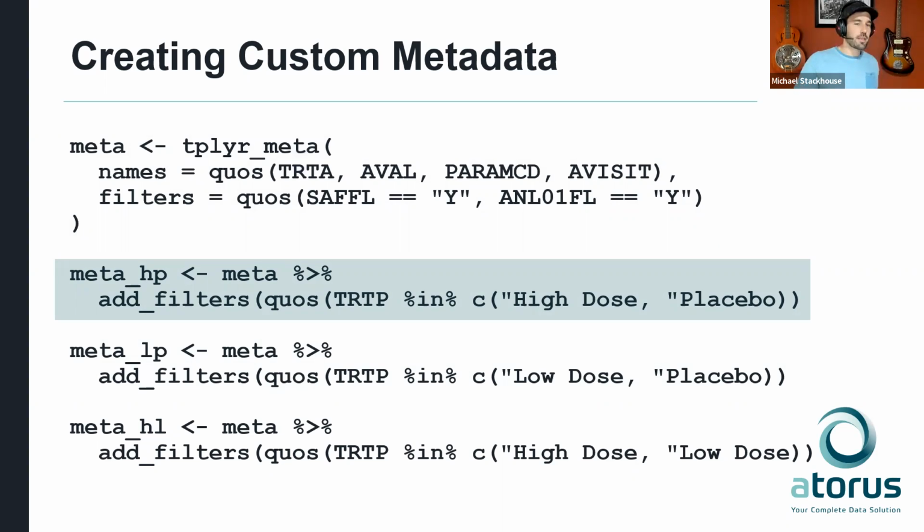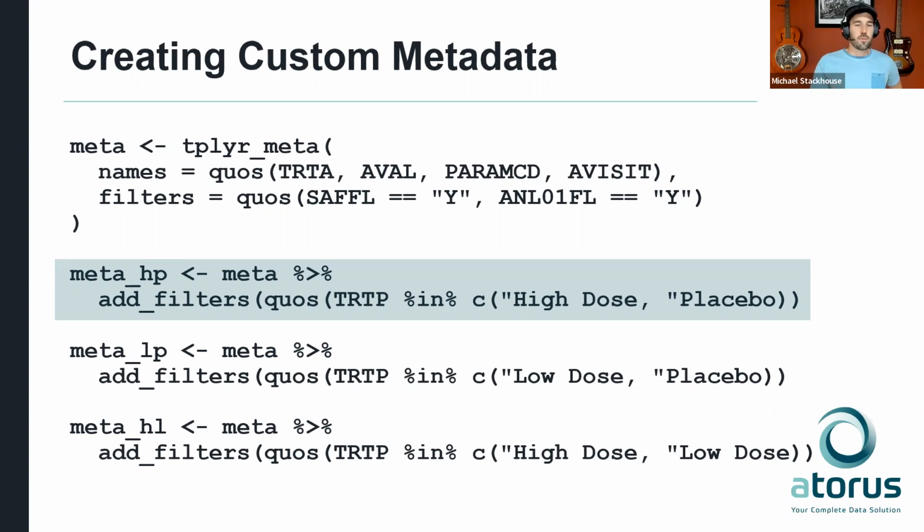And what we're doing here is building up the subsets that are relevant to contrasts when we're comparing different groups. So on the table, we have 3 different contrasts that we want to show. All of the information of TRTA, AVAL, PARAMCD, AVISIT, and then the safety flag and the analysis flag filters are important to what I'm doing here.